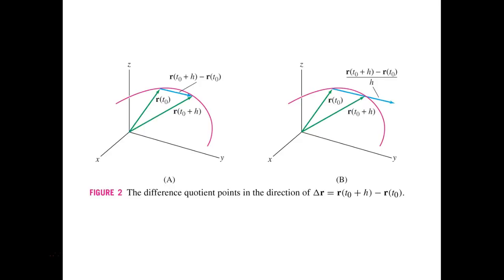It's just not as easy to see as it was in 2 space. Okay. But the difference quotient points in the direction of that change of r between this point and that point, points in that direction, and that's magnitude. Now that's before you let h go to 0. But you can see that's going to move toward the tangent vector.